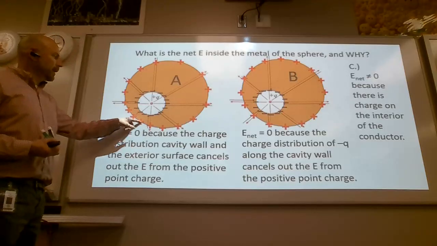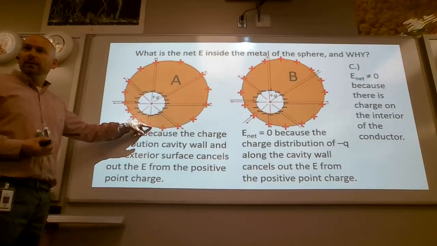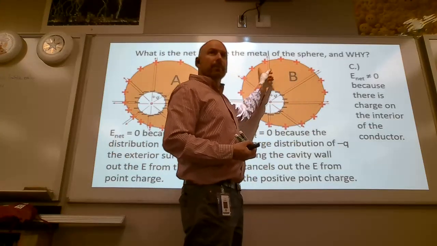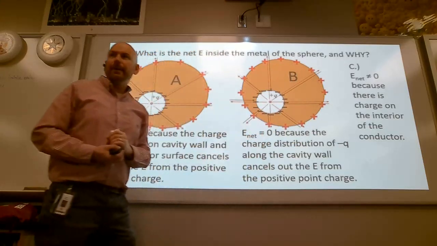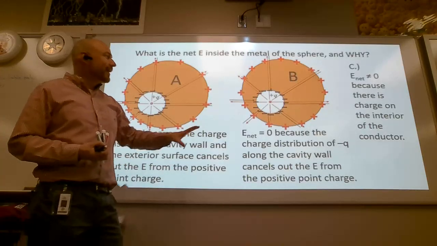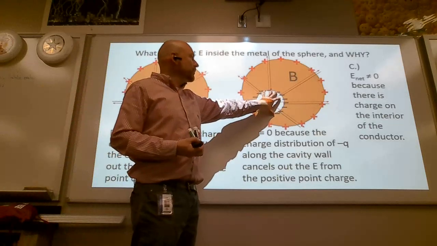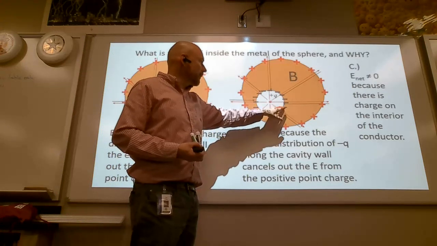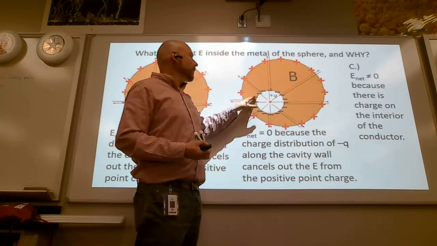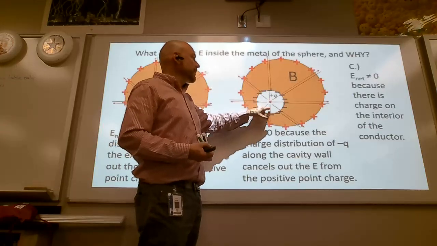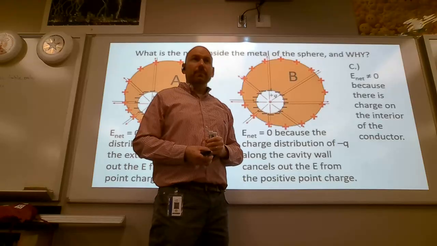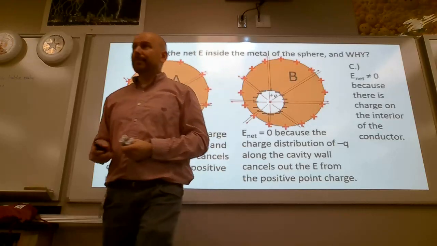See how it's congregated here, clustered here? Okay. And here it's equally spread out. There we go. That's what I did. It is only due to the electric field created by this negative distribution of the charge on the interior. That's what cancels out this. You all right with that?